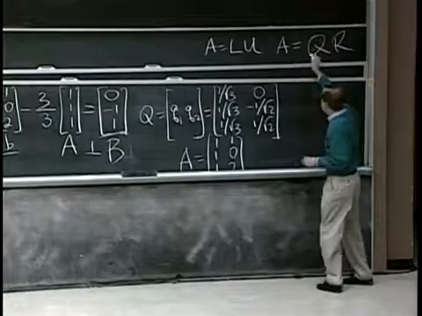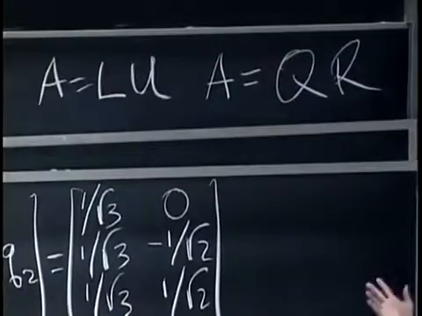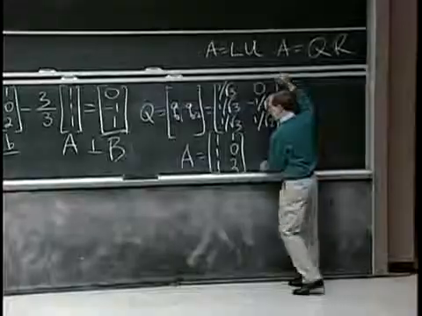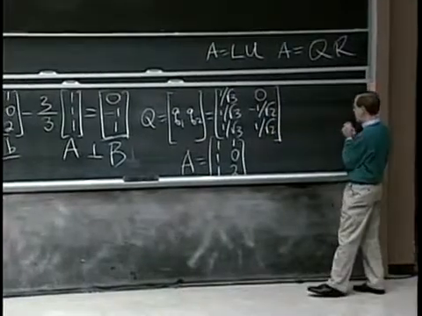It's the expression of Gram-Schmidt. So that's my final step: A equals QR.